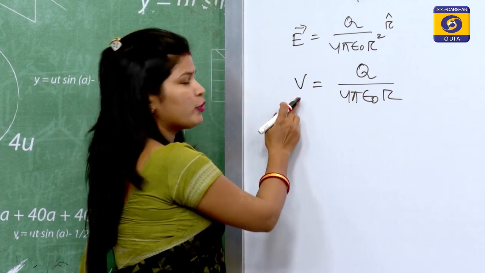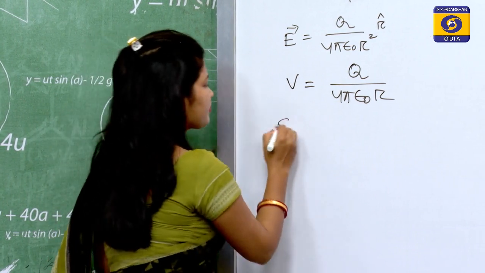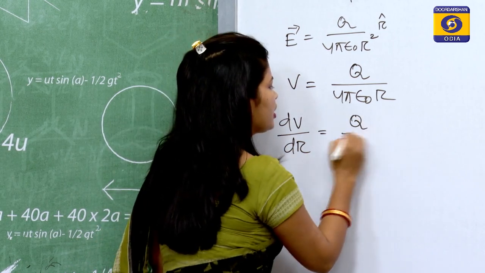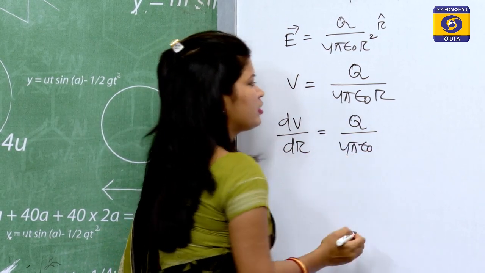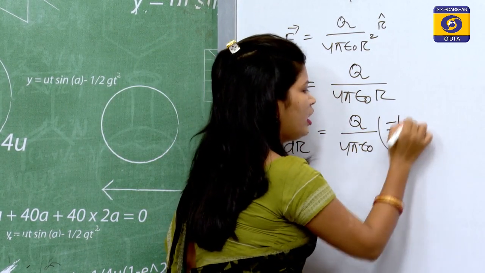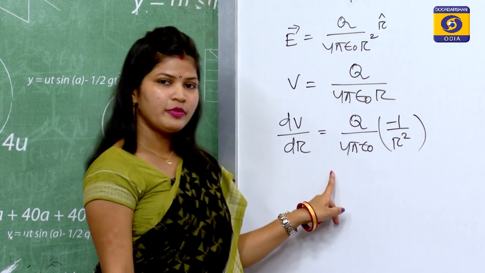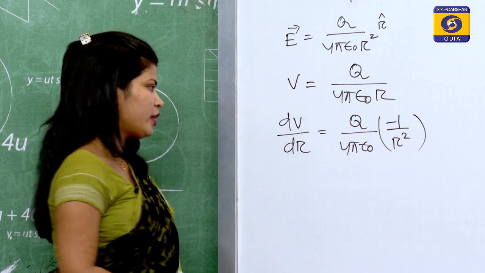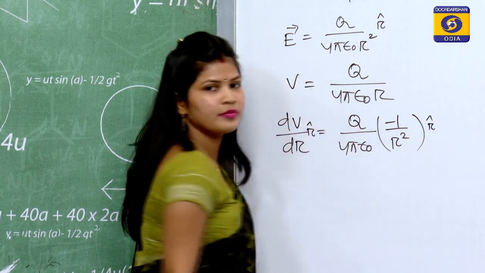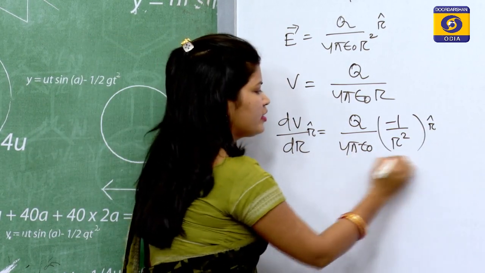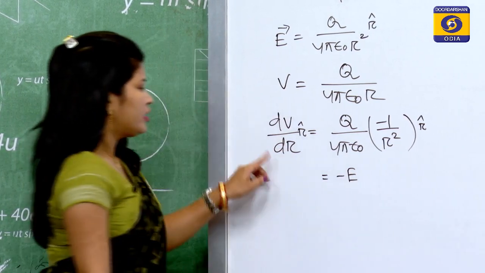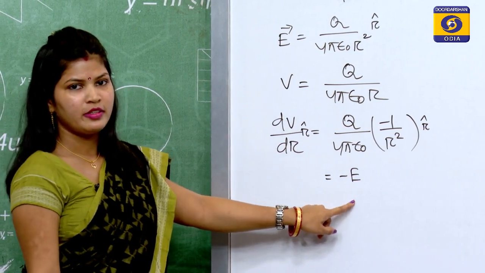Now, taking derivative of potential with respect to r, that is dV by dr is equal to q upon 4 pi epsilon naught times 1 upon r, derivative is minus 1 upon r square. To get electric field, I need a vector, that is why I will multiply r vector on both sides. Then you see this is not E, this is minus E. So, derivative of potential is minus E, not plus E.